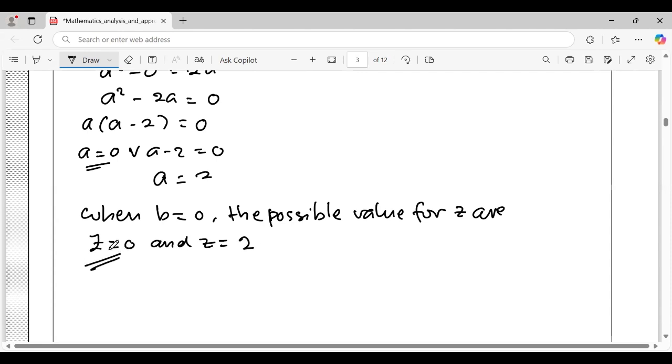We are going to discard z equals 0, not using this one, and this is the possible value for z.